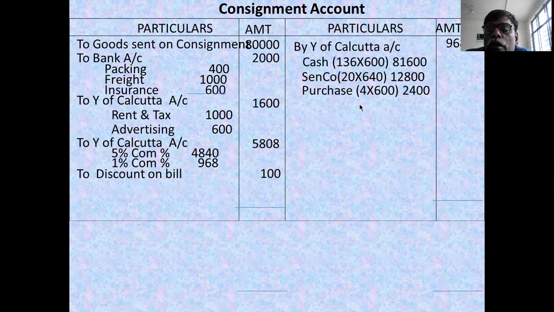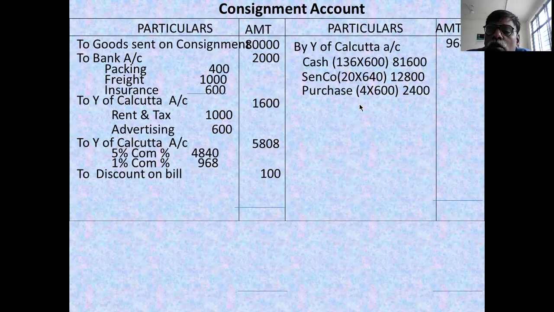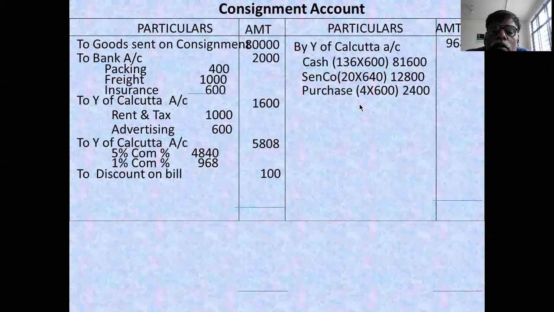How many radios are there with the consignee? 200 radios consigned. Out of 200 radios, 160 sold. Then what is the remaining radio? 40 is the remaining radio. That 40 is called the closing stock quantity. 40 into the cost of each.